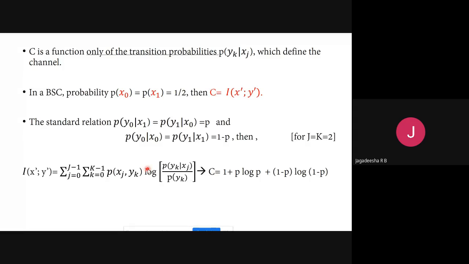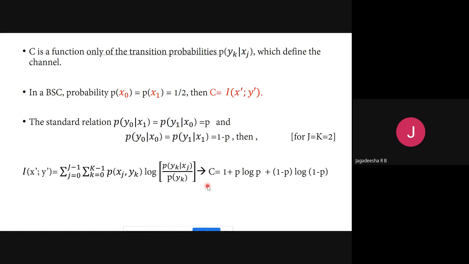But this is a generalized equation. In this case, we are considering a binary symmetric channel where the j value varies from 1 to 2. I mean, there are only two candidates here, j is equal to 0 and j is equal to 1. Two summations. Similarly, k has only two summations, k is equal to 0 and k is equal to 1. And also I said that inputs occur with equal probability.